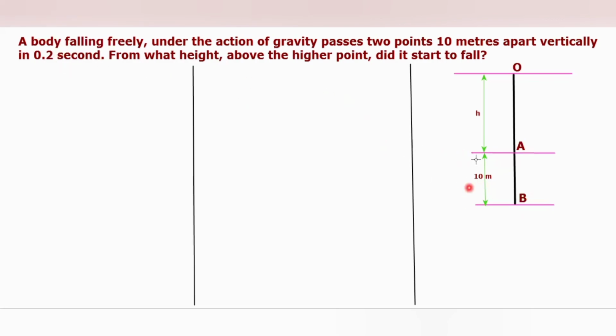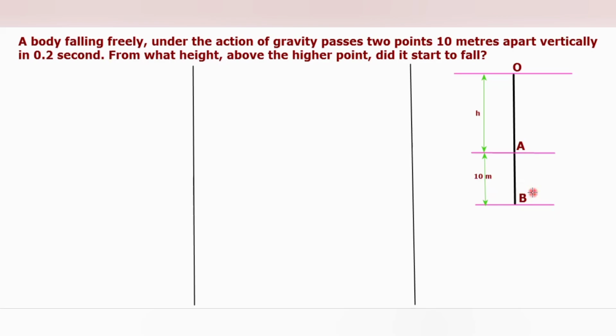If you had taken 2 points 10 meters apart somewhere else, the time taken will not be 0.2 seconds. So here we have taken 2 points A and B, 10 meters apart, in which the body takes 0.2 seconds to cross the distance of 10 meters.